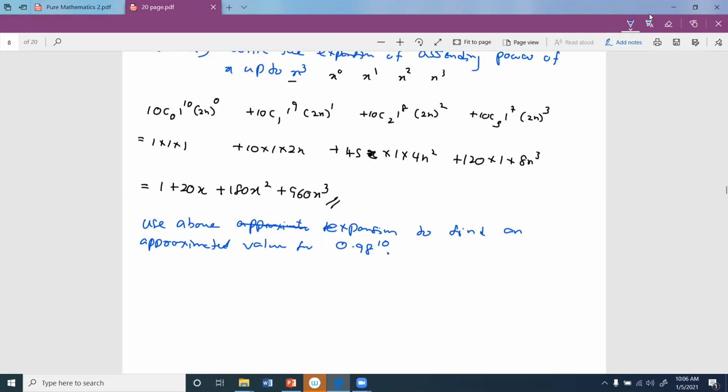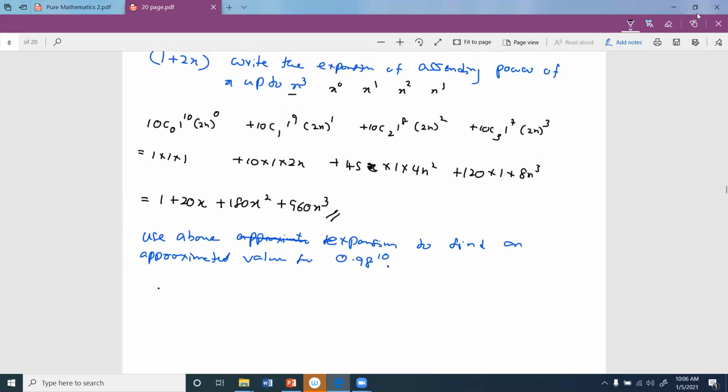So I just equate our expression available here, 1 + 2x, to the power 10. We need an approximation for 0.98 to the power 10. Because the powers are similar, 1 + 2x equals 0.98.